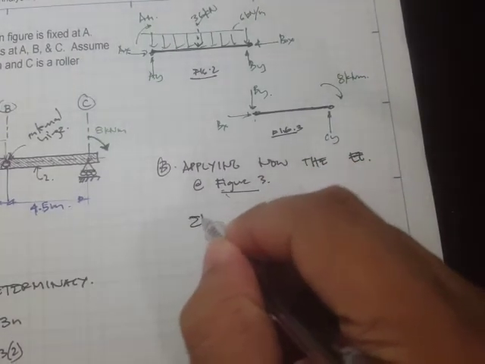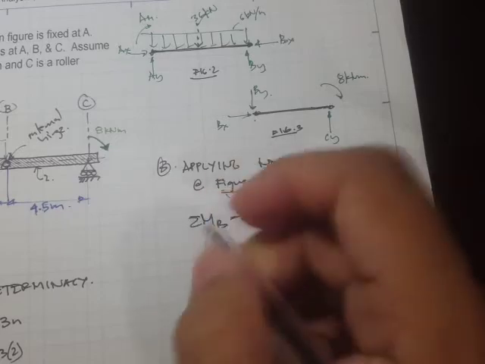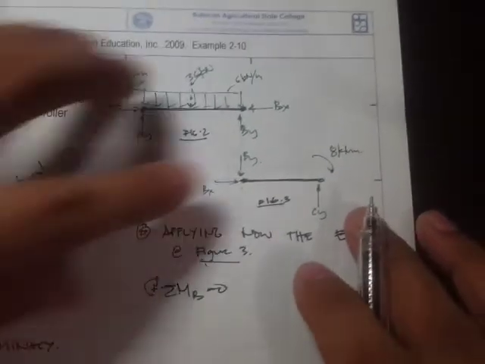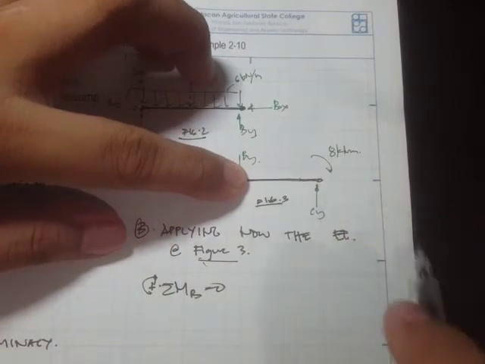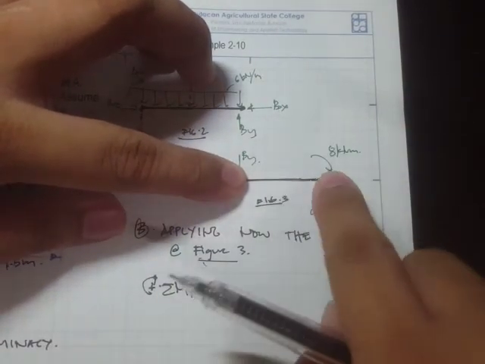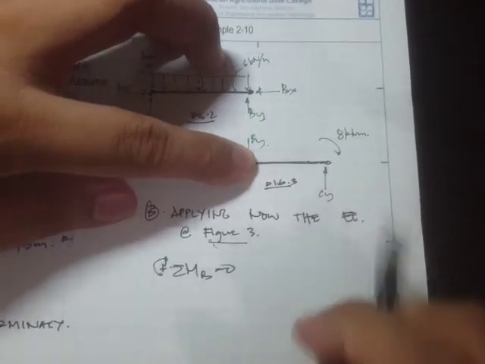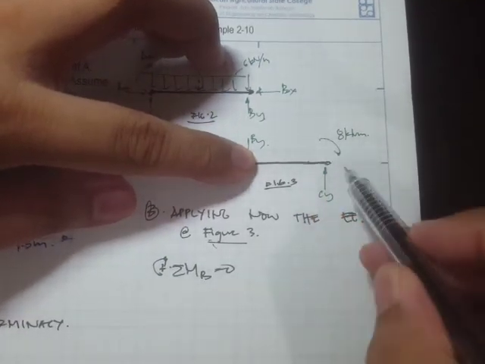So summation of moment at B is equal to 0. Okay, so if we take summation of moment, we only have the moment from this concentrated moment and the moment produced by the Cy. This one is clockwise.